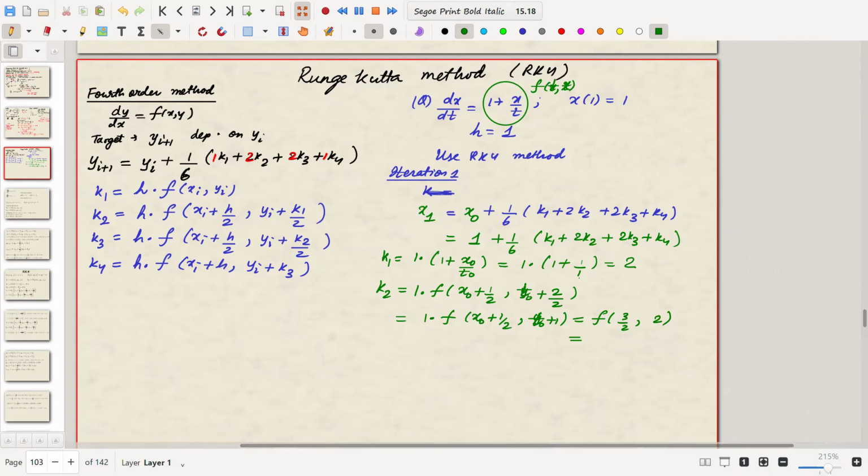So what is this value? Oh, it's alternate. Yeah, I should have written it as f of t naught plus 1 by 2, comma, x naught plus 1 by 2, right? So what is this value? F of 2, comma, 3 by 2.